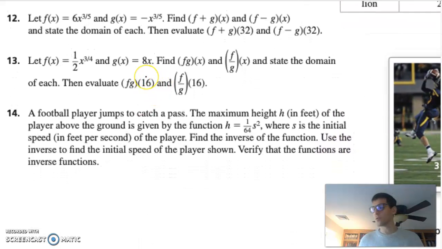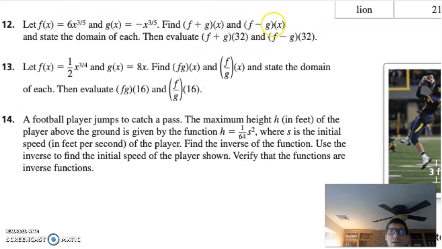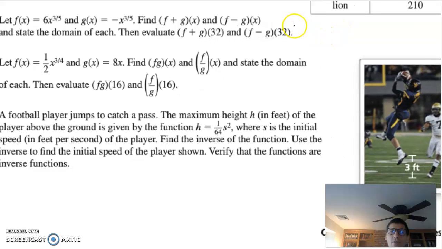Okay, this one, number 12, if you were working on the activity on Monday, probably looks familiar. So let f of x and g of x, but this is asking us to find the sum function and the difference function. So f plus g of x just means to add the two functions, right?